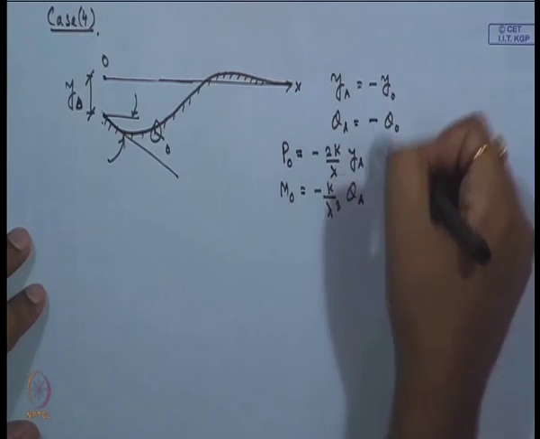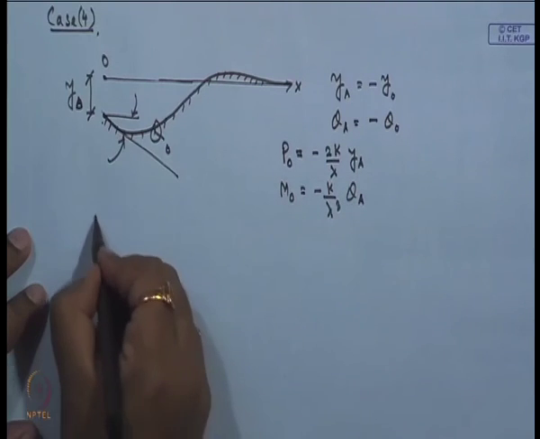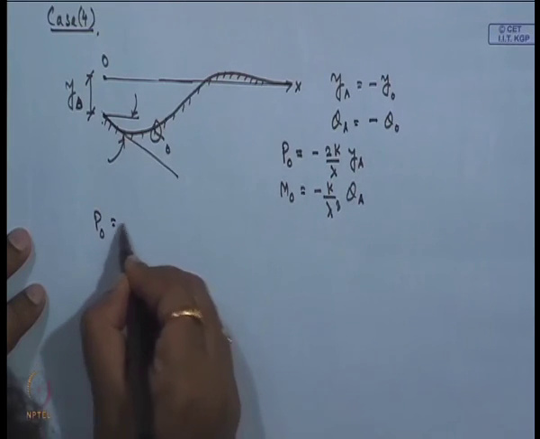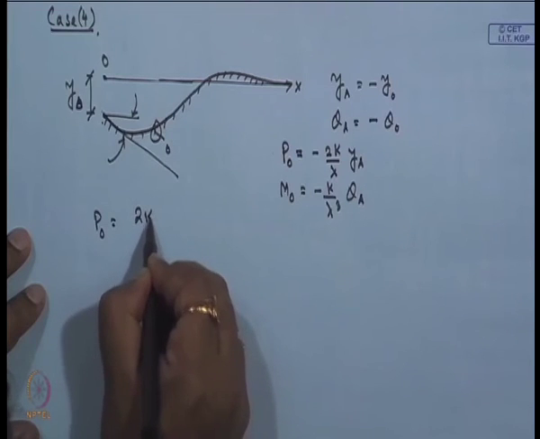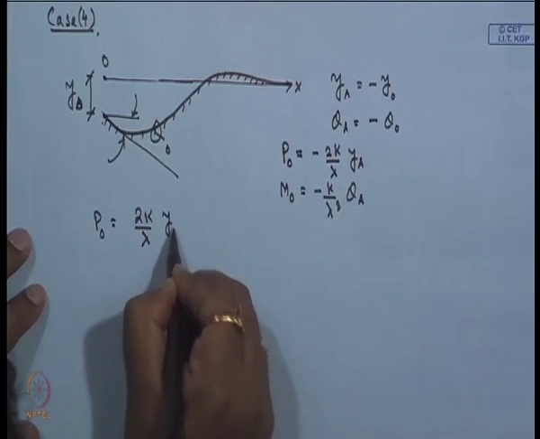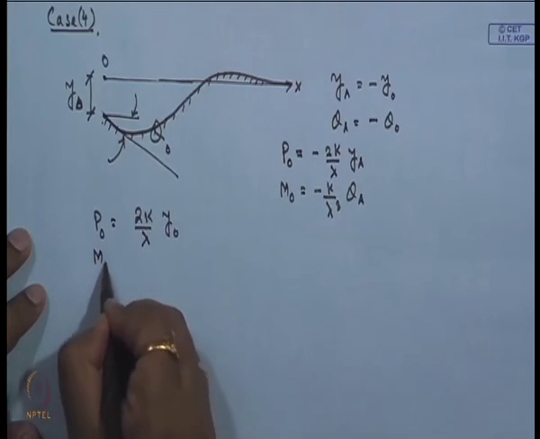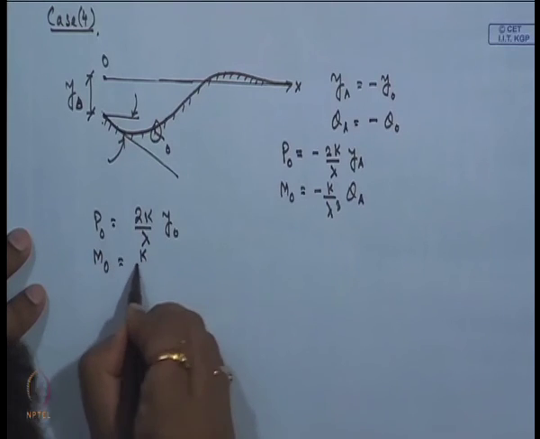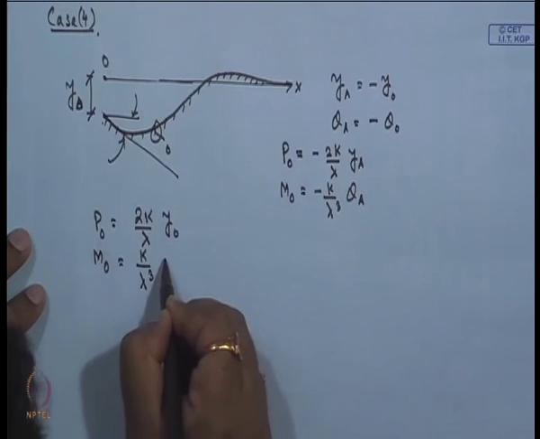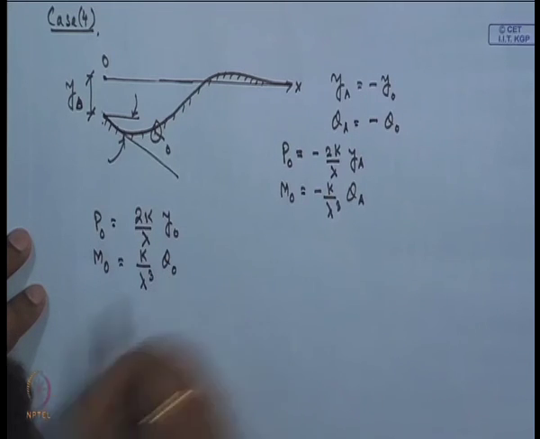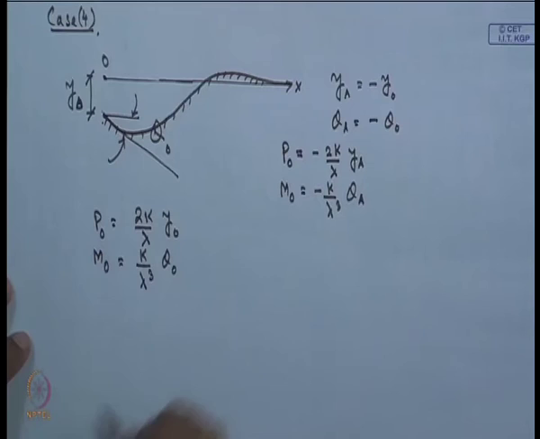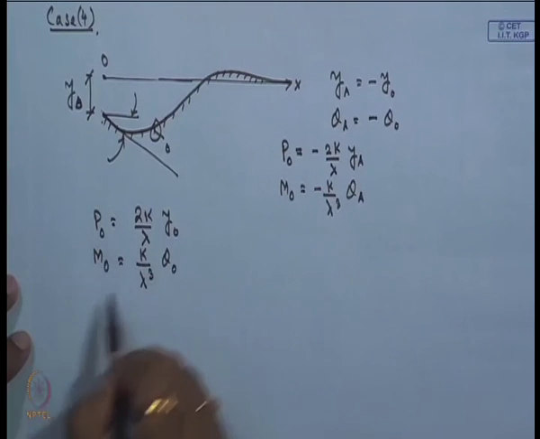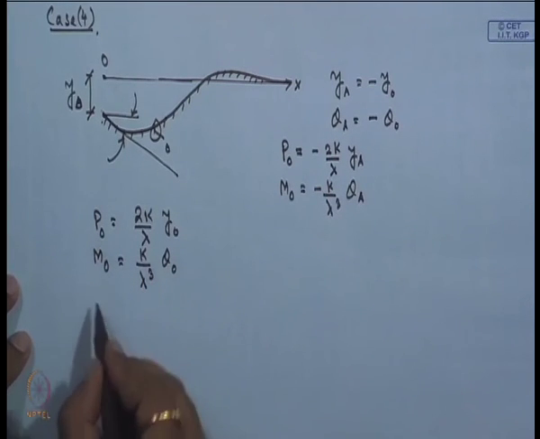If I put theta a and y a values, then you will get P 0 is equal to 2 k by lambda y 0, and m 0 is equal to k by lambda cube into theta 0.